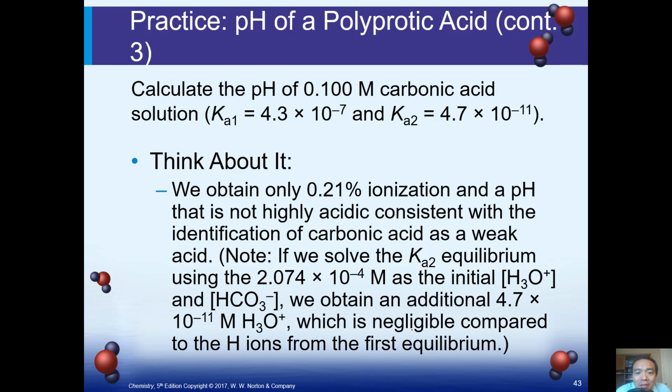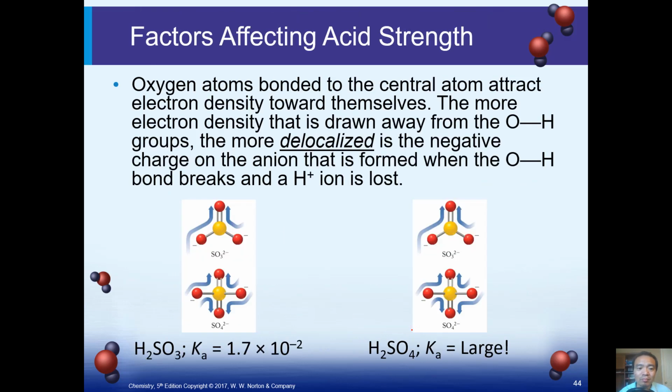Now let's discuss qualitatively the factors that will affect the acid strength. When you compare sulfurous acid, H2SO3, which is a weak acid, with sulfuric acid, which is a strong acid, again, strong acid does not mean Ka is infinitely large. It just means it's really large.